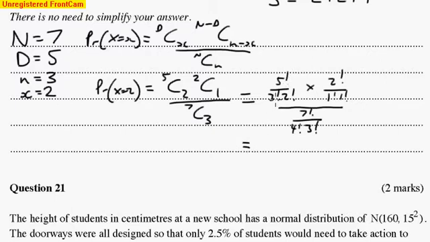5 factorial divided by 3 factorial leaves you 5 times 4, and there's still a 2 on the bottom. That's the first one. Now 2 factorial over the 1s, well, that's just going to be 2. And 7 factorial divided by 4 factorial leaves you 7 times 6 times 5, and that's all divided by 3 factorial.